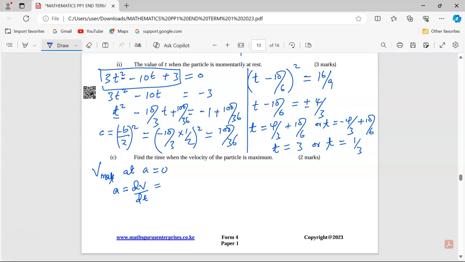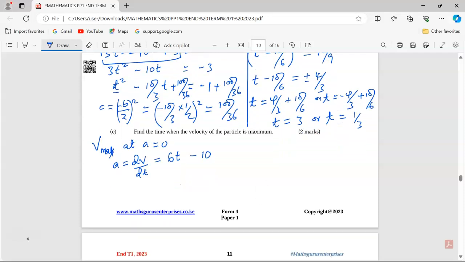So the power of t, which is 2, multiplies the constant, which is 3, we get 6t, then minus 10, and the constant 3 disappears. So at this point, we can equate the acceleration to 0, such that we get the value of t when acceleration equals 0.